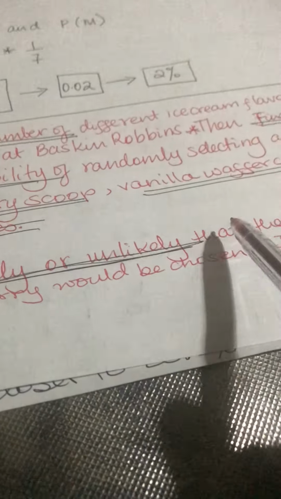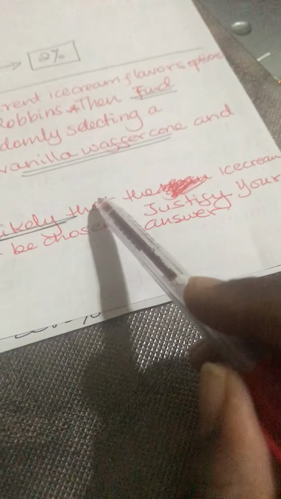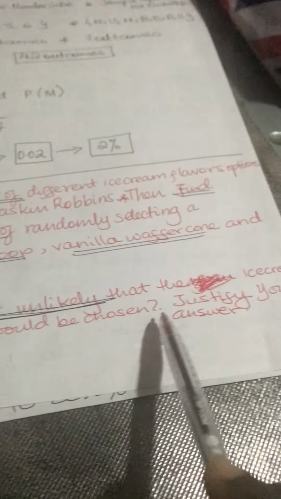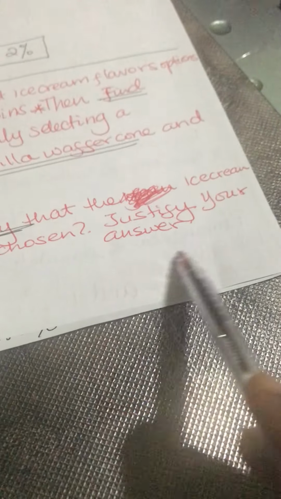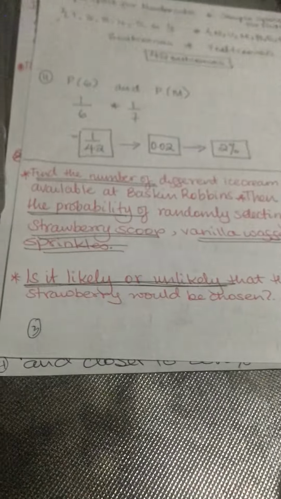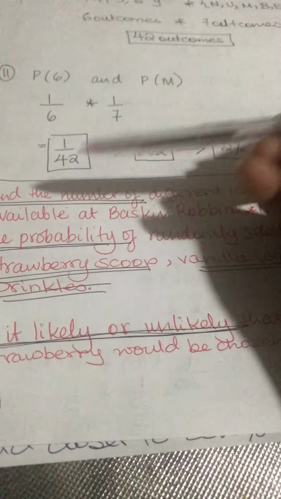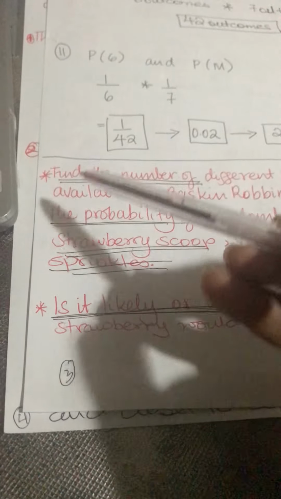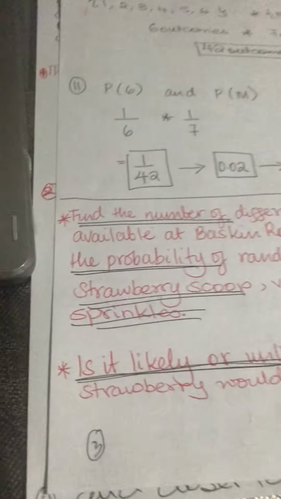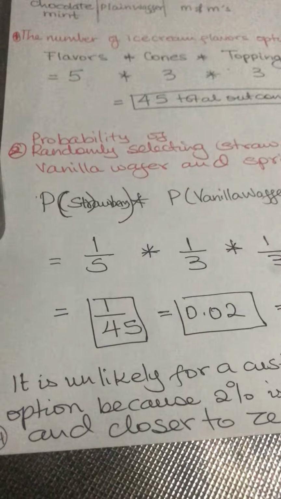Is it likely or unlikely that the ice cream strawberry will be chosen? You need to answer that question also. Justify your answer. So you have question 1, question 2, question 3. You need to do 1 to be able to answer 2. You need to do 1 and 2 to be able to answer 3. Now let us see how to answer that.